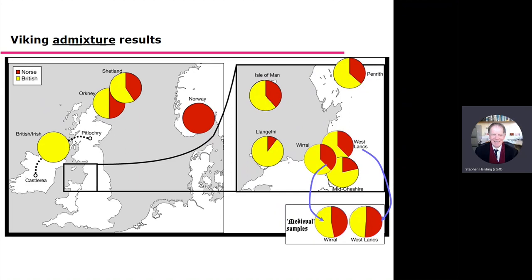Then you can do these what's called admixture analyses, and obviously Shetlands and Orkneys have significant Norwegian ancestry, but you can see how significant the Wirral and West Lancashire results are.